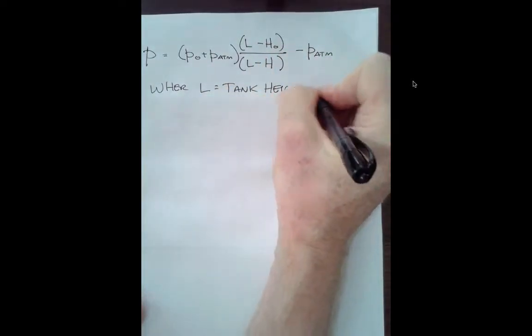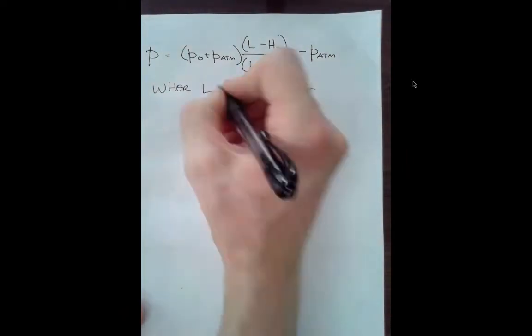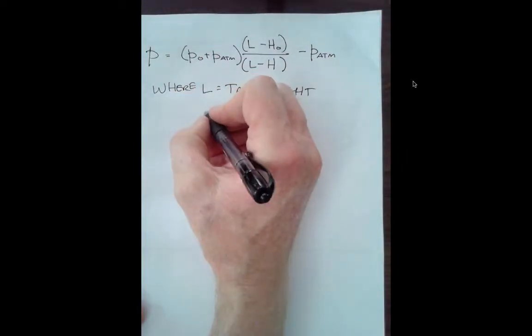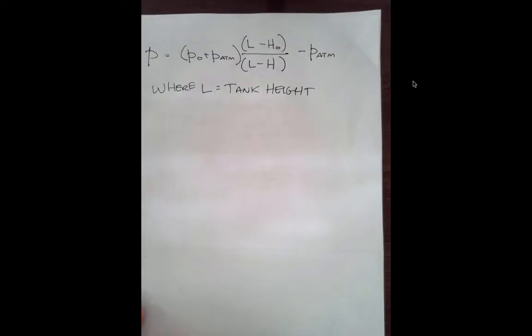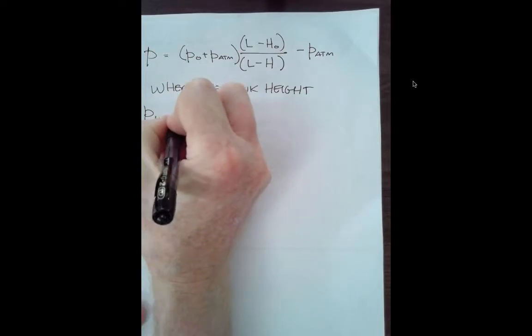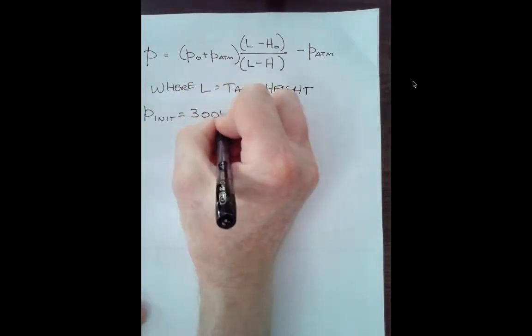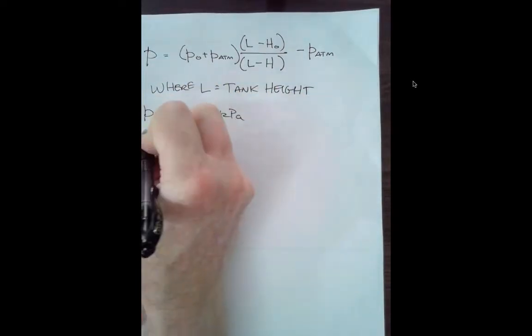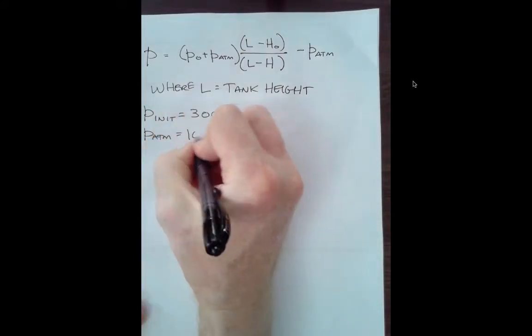In this case, it'll be 6 meters. And H, as we've already said, is the elevation of the surface of the oil above the outlet. The initial pressure, so P initial is 300 kilopascals, and the atmospheric pressure, we use 100 kilopascals.